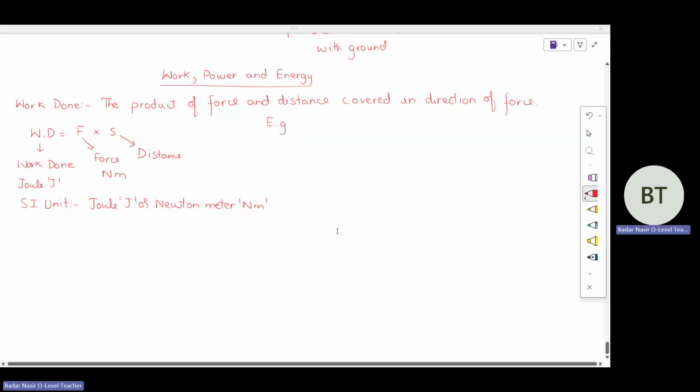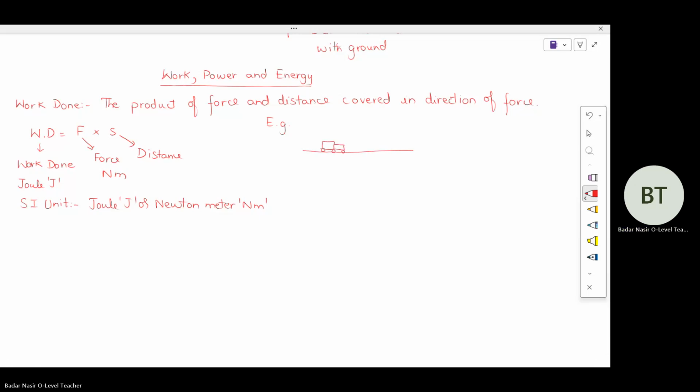Achcha, now let's look at an example of this. Let's say we have a car and the car is producing a driving force of 1500 Newton.